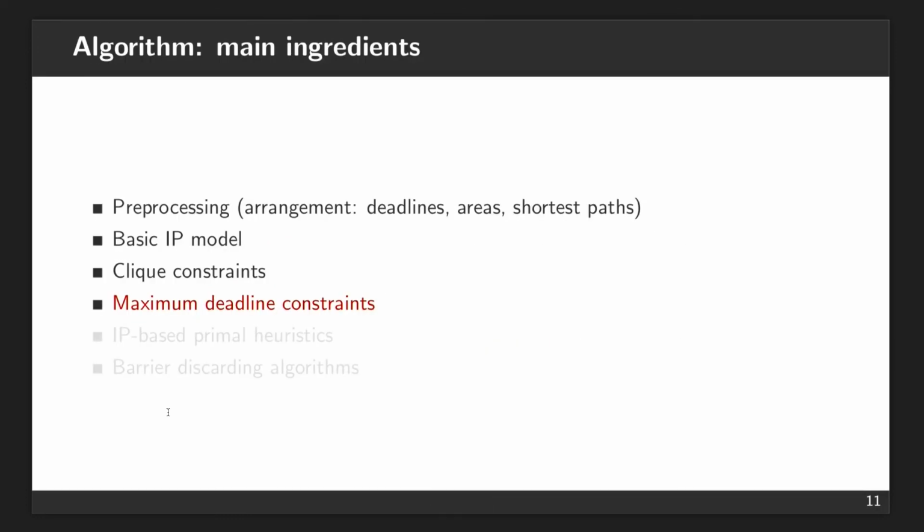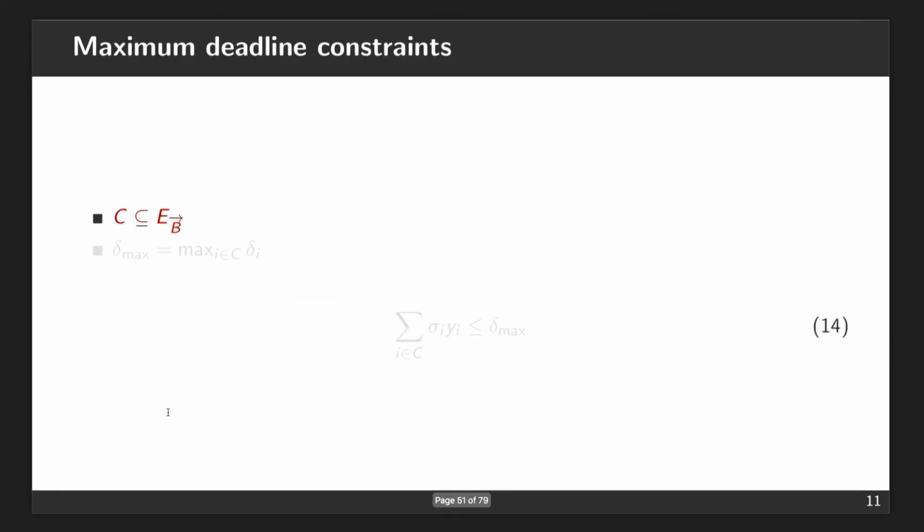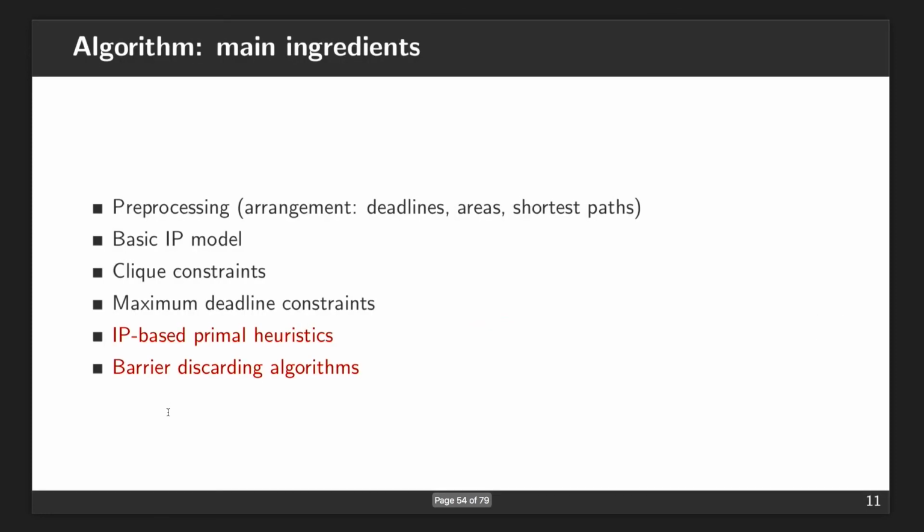Then we also have some simple constraints, which are the maximum deadline constraints: if you take any subset of barriers and you look at the maximum deadline of one of these barriers, then you look at the time you need to construct all the other barriers in the set, and this has to be no larger than delta max, the maximum deadline in the subset.